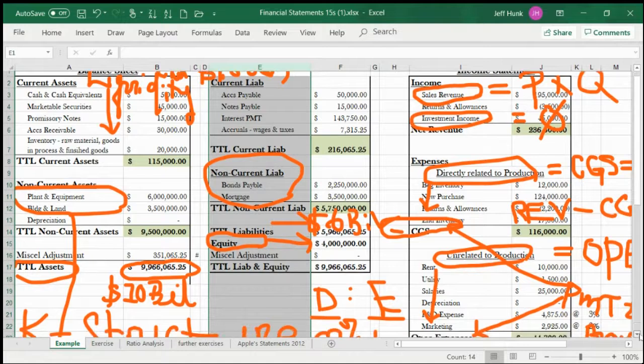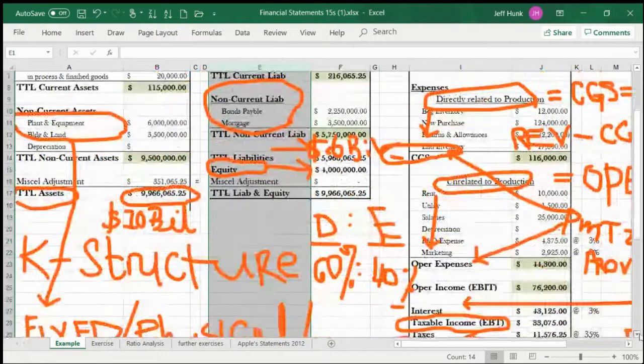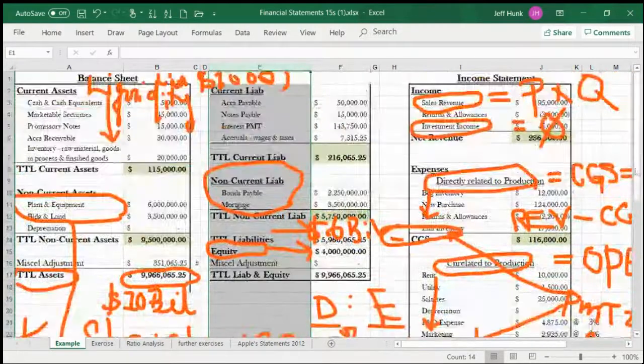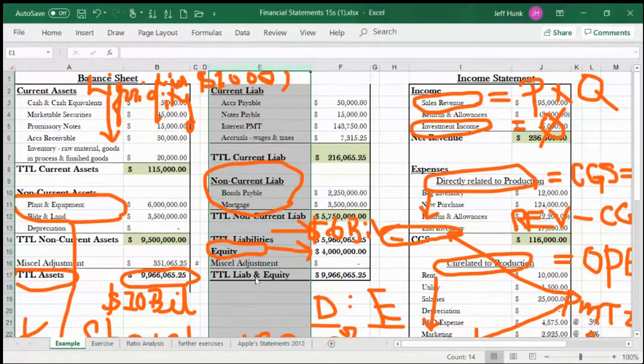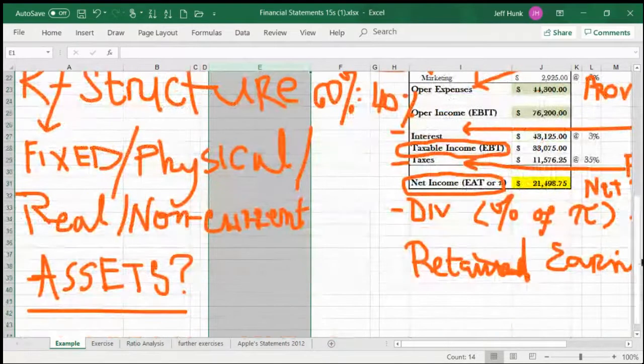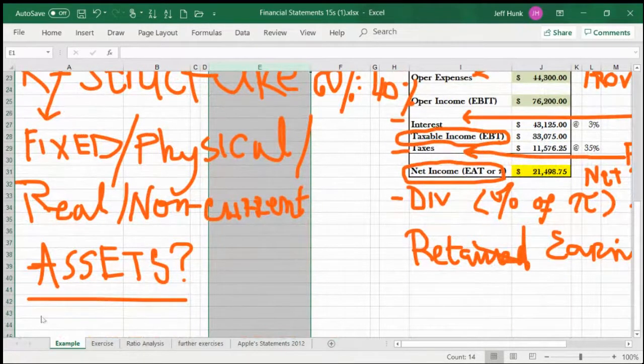On the second level, as we look at the balance sheet, it's already the definition of assets. Total assets are equal to total liabilities plus equity. This is called the accounting equation.